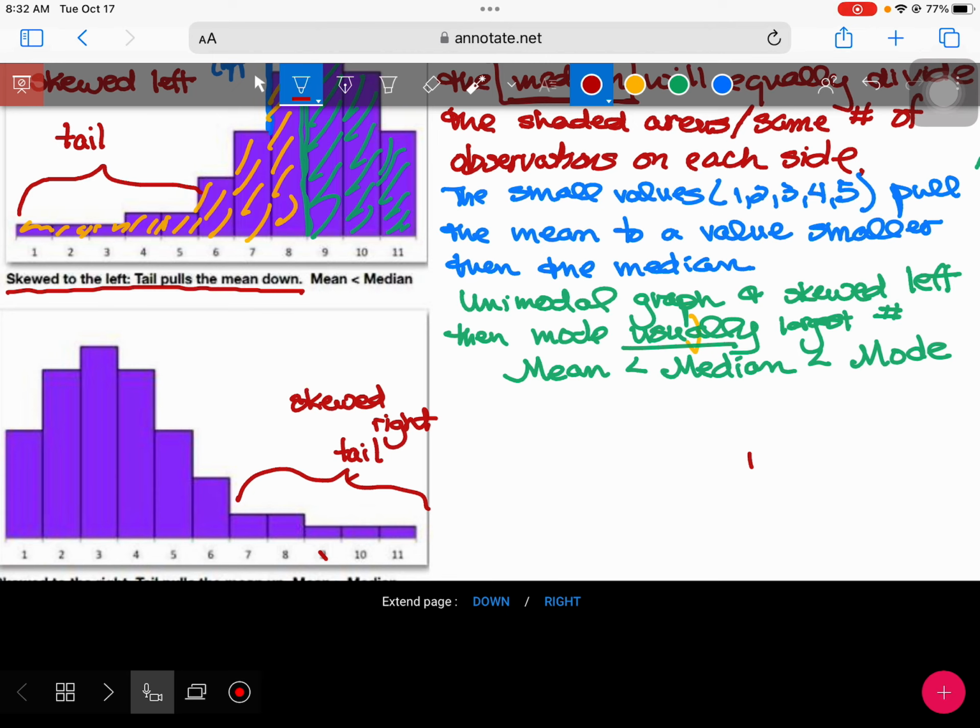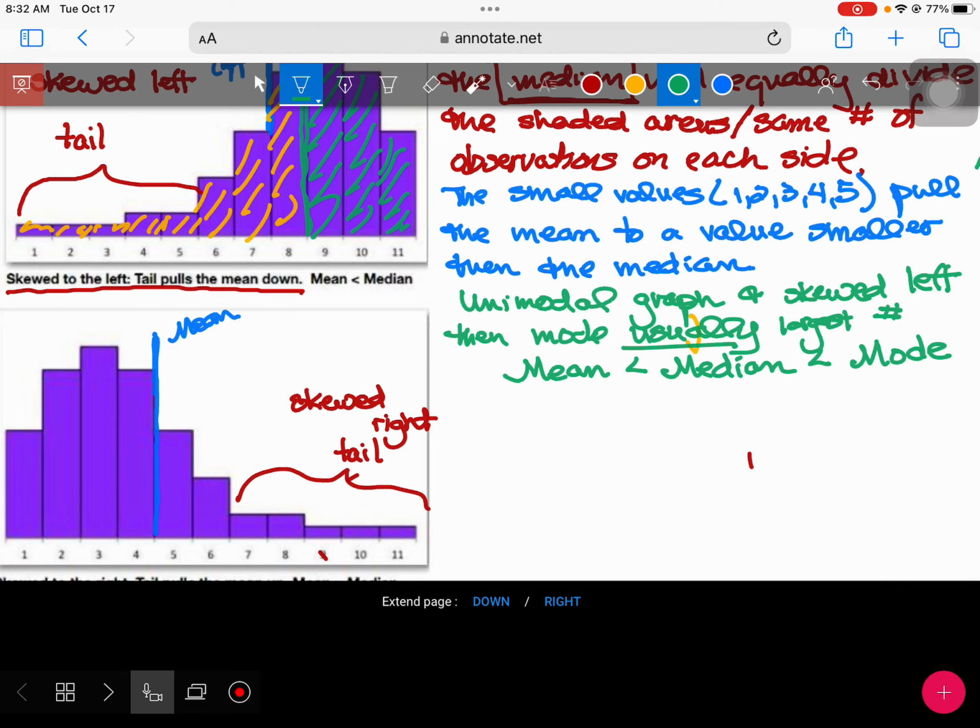My mean is going to follow that. Okay? So my mean, I'm going to say, is right here. My average is going to be here. And is my median going to be greater than the mean or less than, you think? Greater? Should be less than.